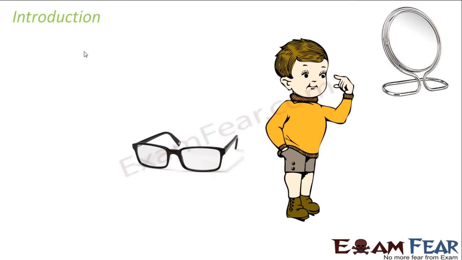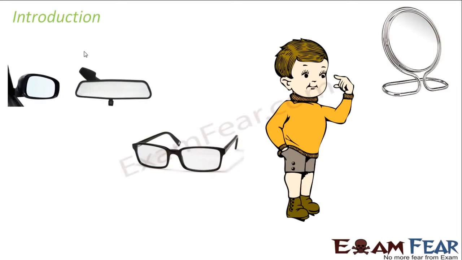The spectacles, most of you would have seen a spectacle. Some of you maybe are using a spectacle. So they are all applications of what we are going to study in this lesson. The rear view mirror used in your cars, you would have seen while you are on the driver's seat or while somebody is driving a car, there is a mirror on the right hand side.